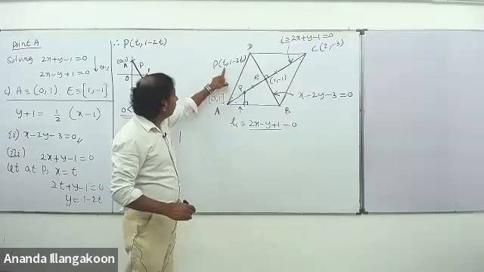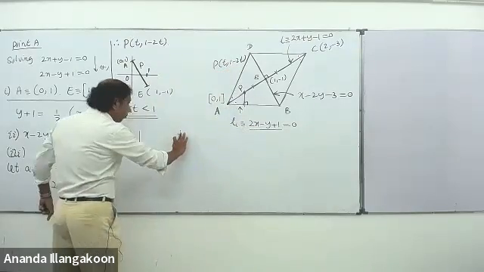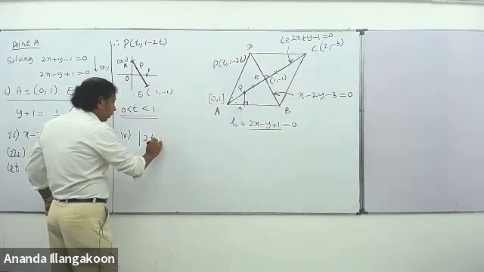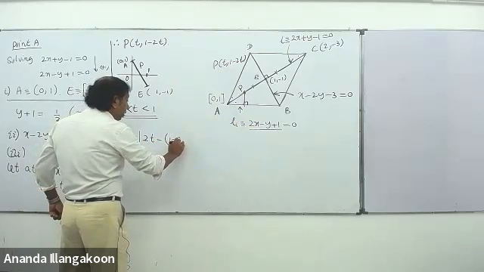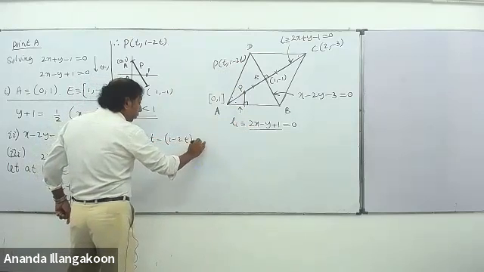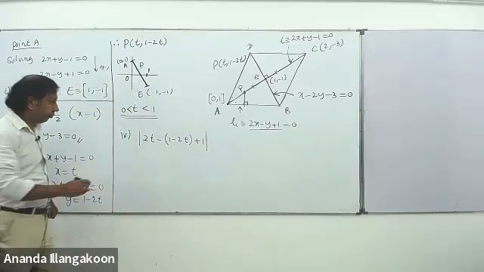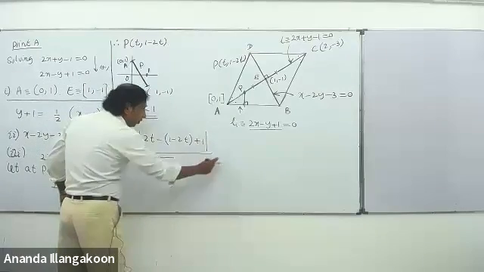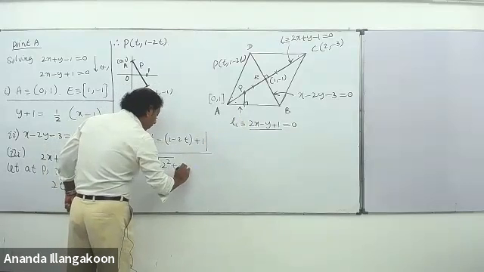Then t and 1 minus 2t we have to put here and here: modulus of 2t minus (1 minus 2t) plus 1, divided by the square root of x coefficient squared plus y coefficient squared.